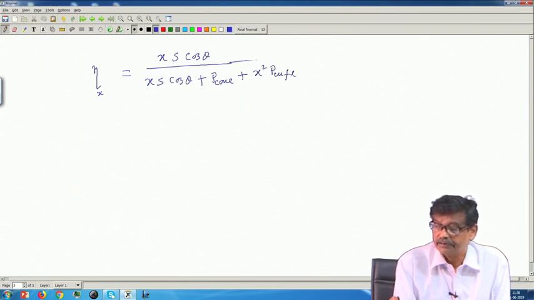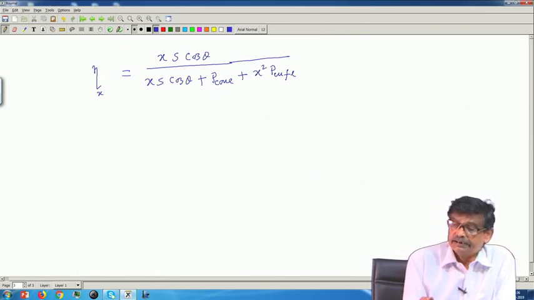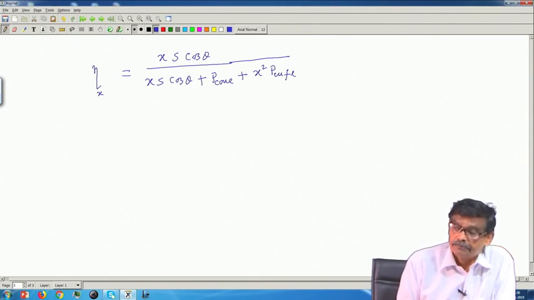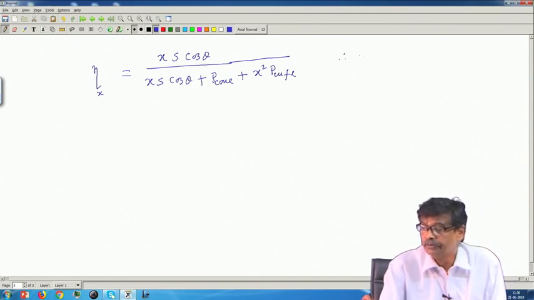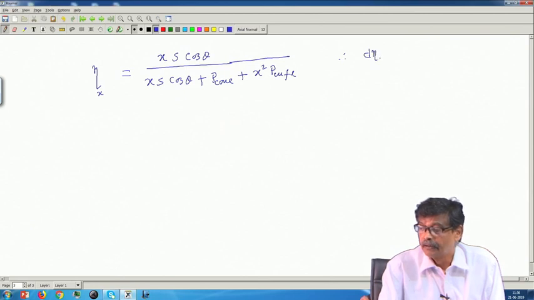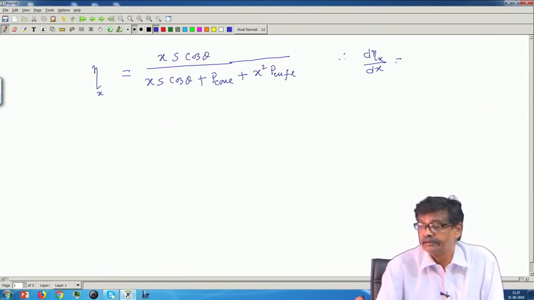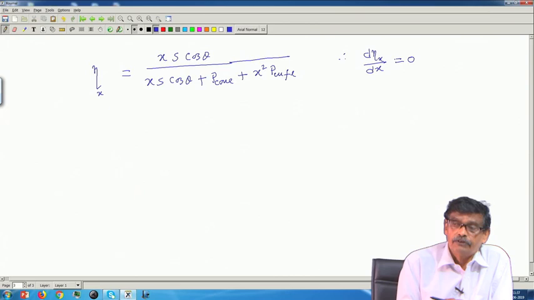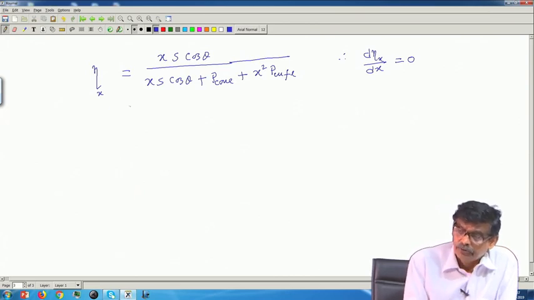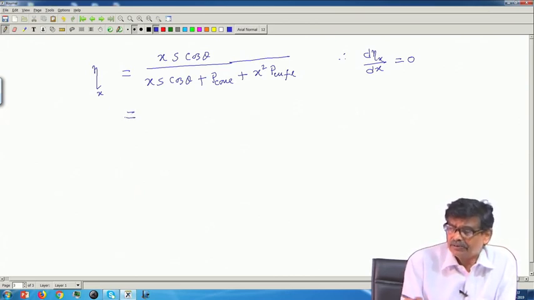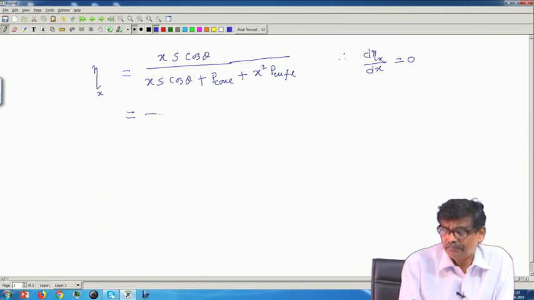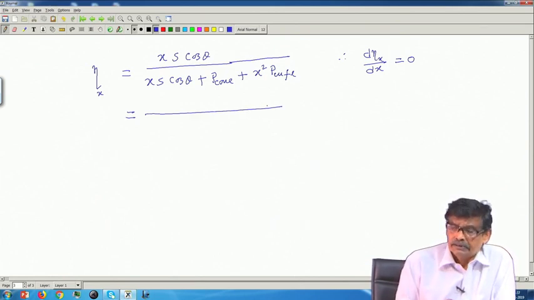This is the expression, and only under the condition you are varying x, you want to know at what value of x this efficiency is maximum. What you have to simply do is you have to differentiate this expression with respect to x and set it to 0 and get the value of x. But that I will do in a slightly different way, so as to reduce my mathematical effort to get this value.